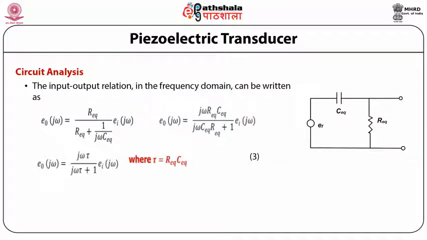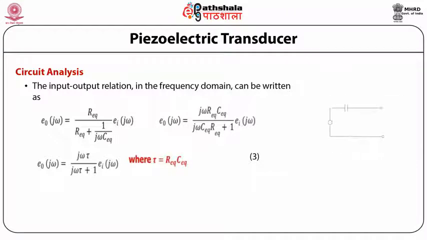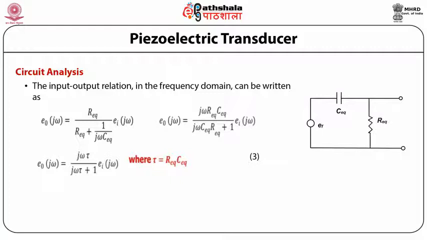So this implies E naught j omega equals j omega R equivalent C equivalent divided by j omega C equivalent R equivalent plus 1, this whole multiplied by Ei j omega. So E naught j omega is equal to j omega tau divided by j omega tau plus 1 multiplied by Ei j omega, where tau is R equivalent C equivalent.